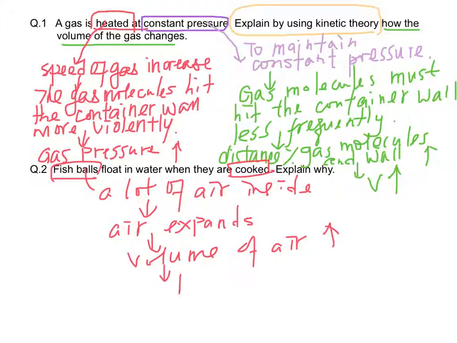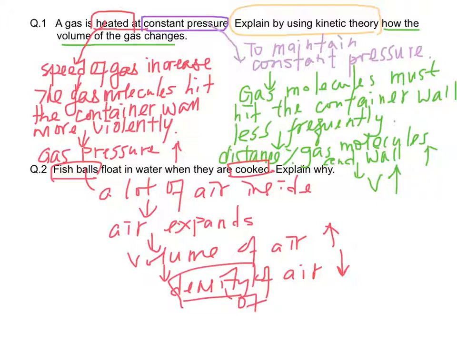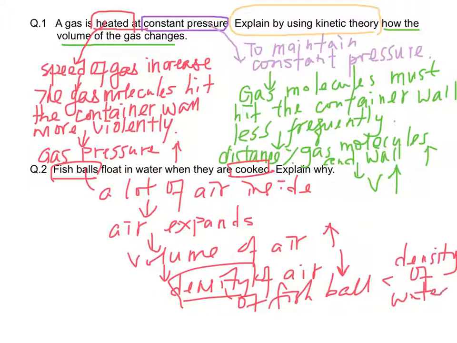That means the density of the air inside decreases. On the whole, the density of the fish balls would be smaller than the density of water. Therefore, the fish balls float in water.